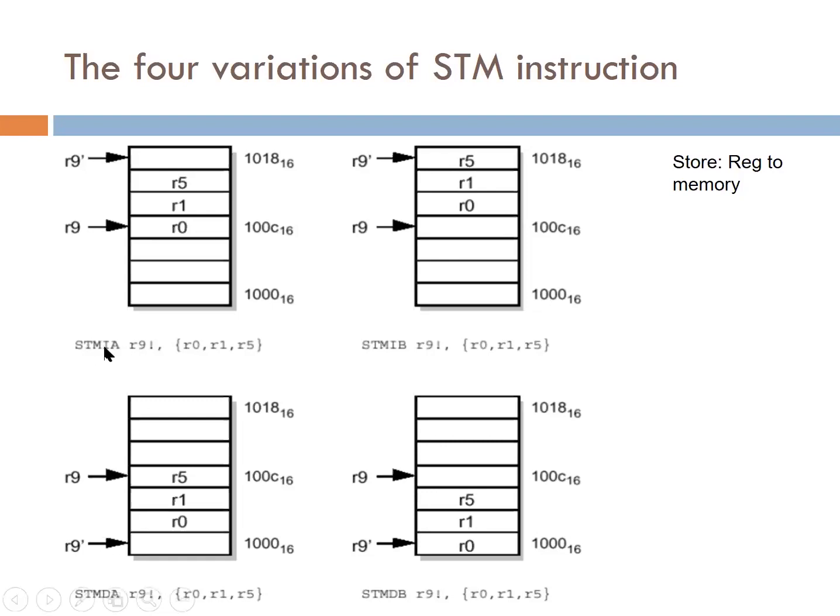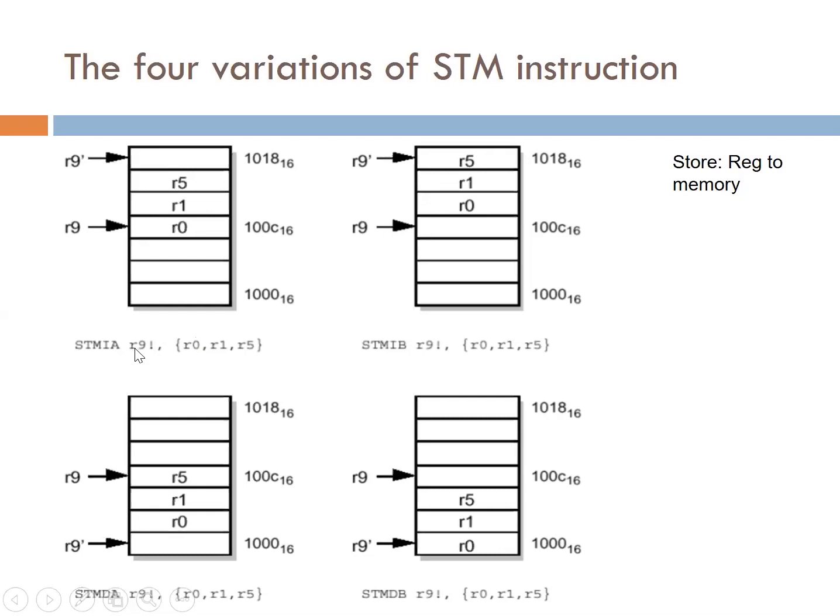So in increment after, let us see the instruction STMIA R9 exclamatory mark, comma, within brackets R0, R1, R5. Here the registers are not continuous, therefore you cannot write R0 to R5. You have to specify them individually in the instruction. Now let us see the operation. Before you start, remember store is from register to the memory.